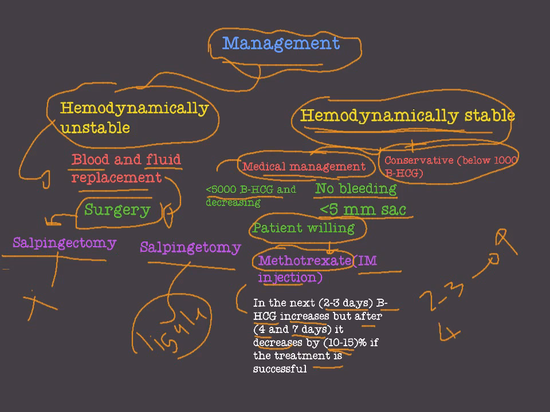At the 4th day, it should decrease, and at the 7th day, it should also decrease by 10 to 15%. If it decreases by these numbers, then we complete the medical management. If not, we will move to surgery. Also, if the beta HCG levels are below 1,000 and decreasing, then we can do conservative management by following up the patient.